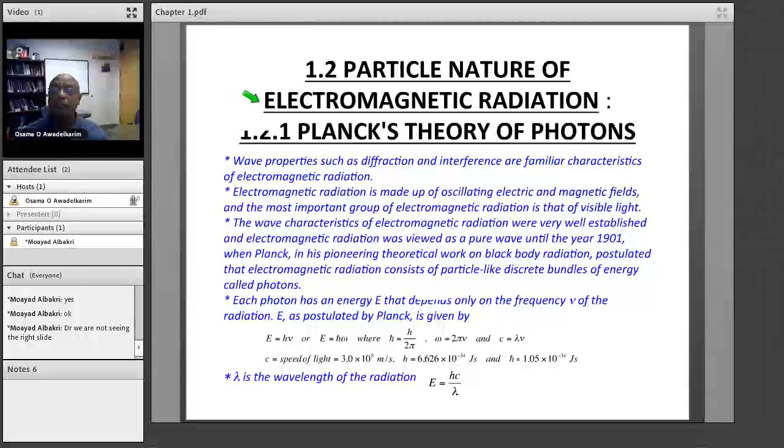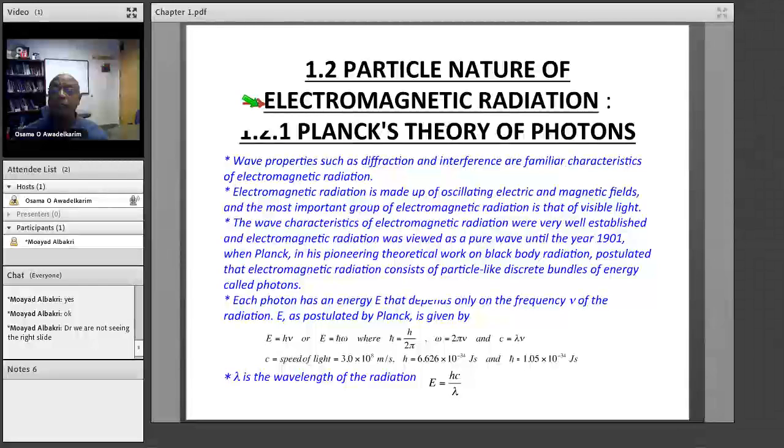Electromagnetic radiation is a very important area in science, particularly in physics, but it also has a lot of applications in engineering.